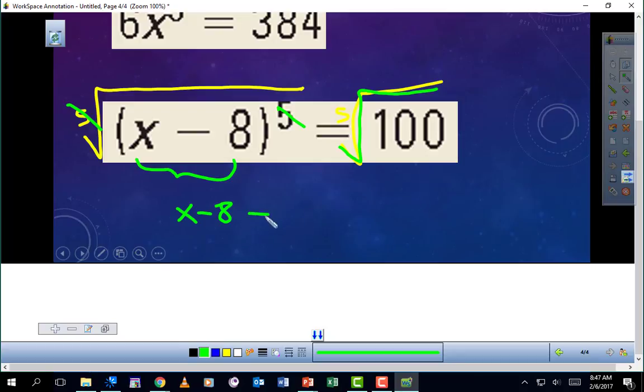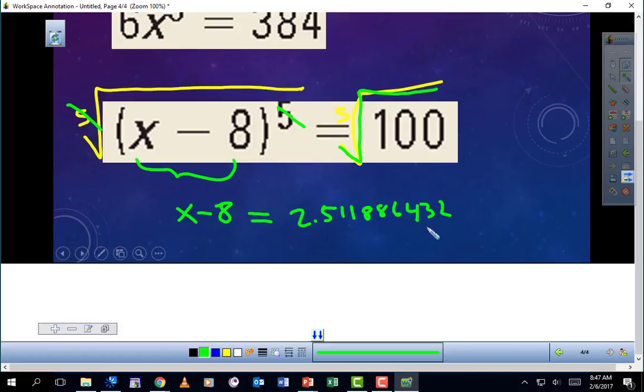I get this is equal to 2.51188643. Anyone else get that number?